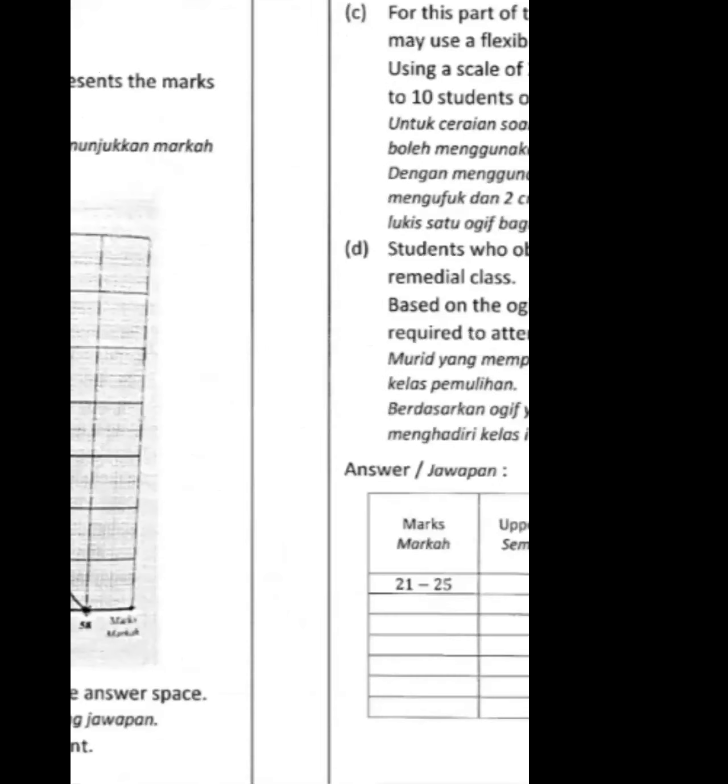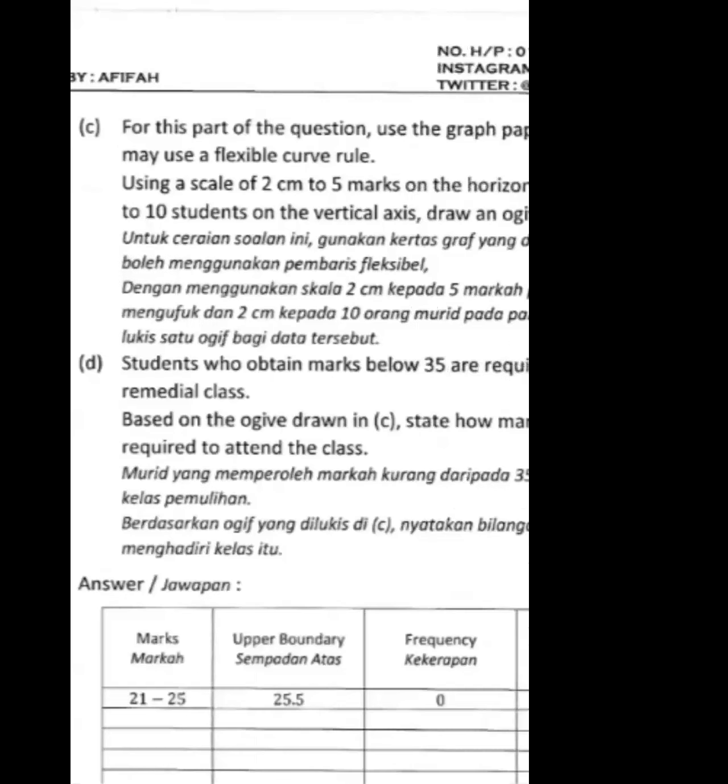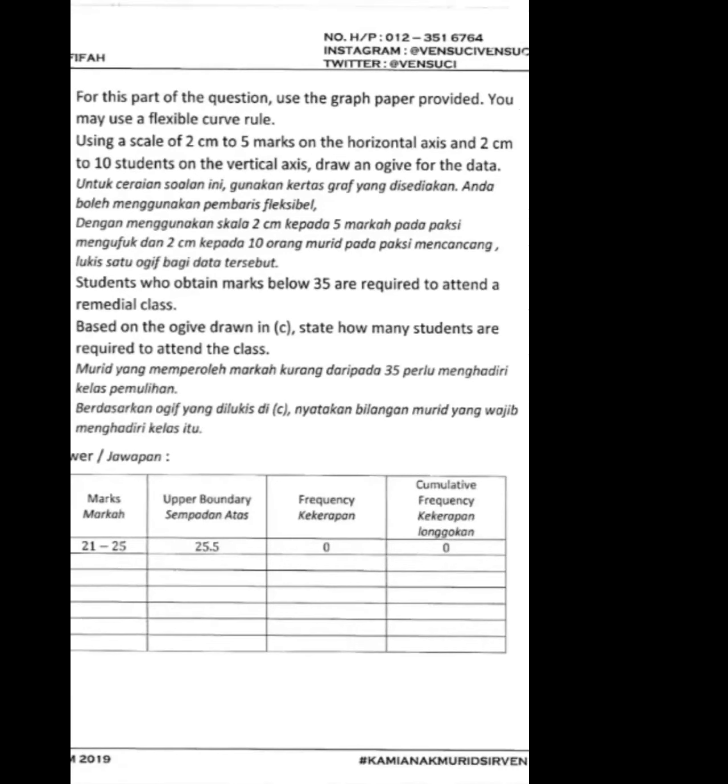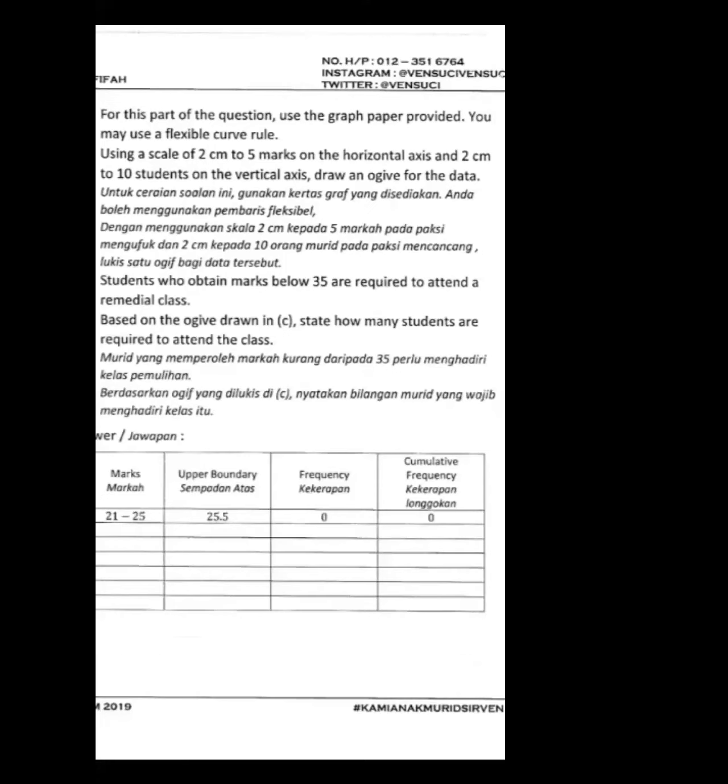And for question 2C, for this part, they want you to use the graph paper provided. You may use a flexible curve ruler. Actually, you don't need a curve ruler also. You can draw if you got the art skill. So using a scale of 2 cm to 5 marks on the horizontal axis and 2 cm to 10 students on the vertical axis, draw an ogive for the data.